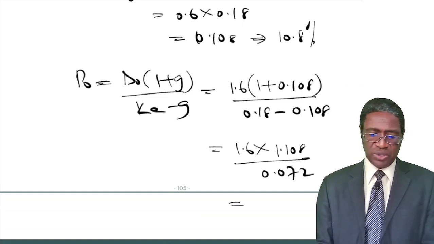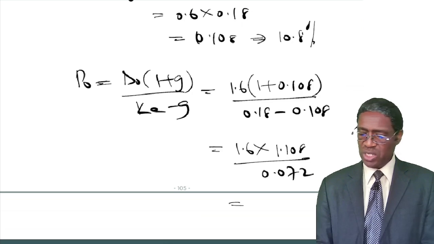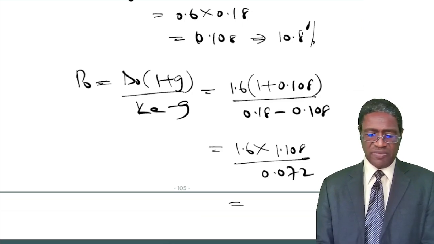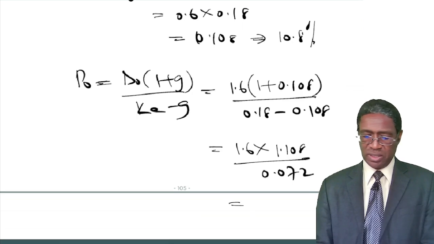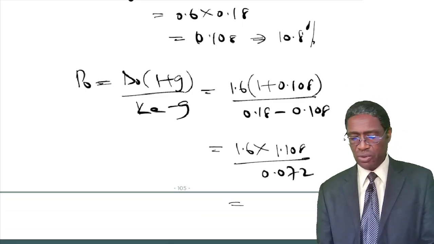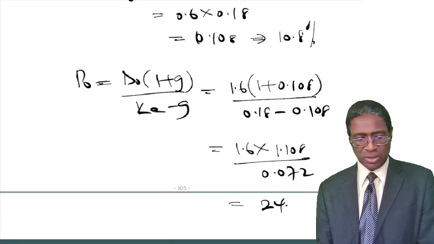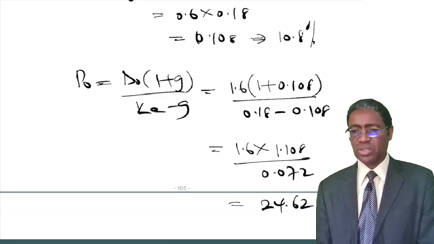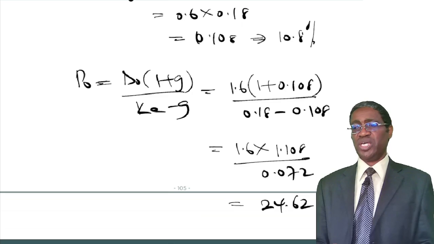This is 1.6 times 1.108, and I divide whatever I get by 0.072. I'm getting 24.62. Good. That is the value per share.